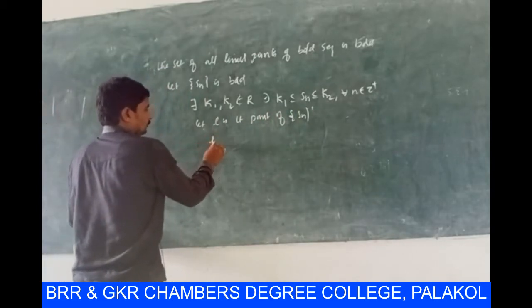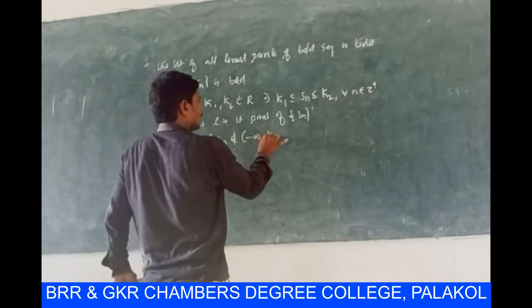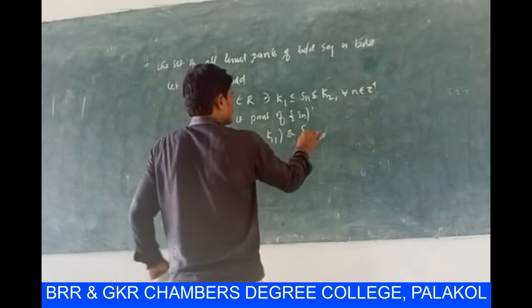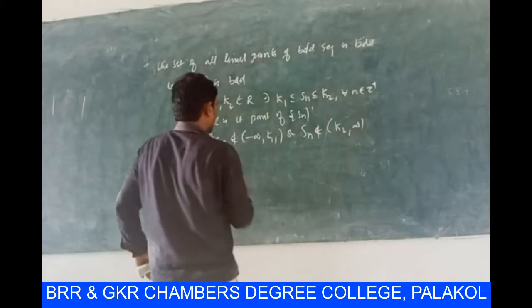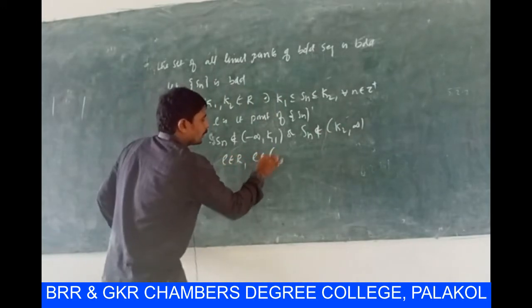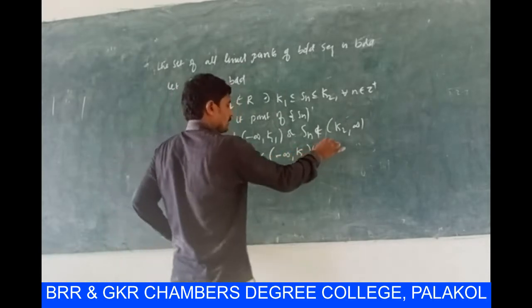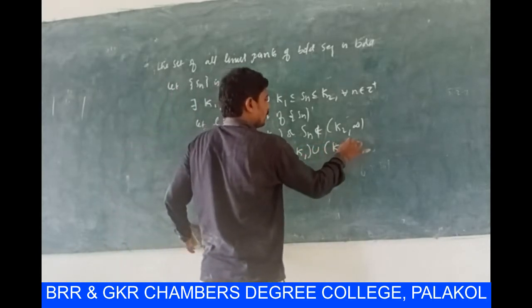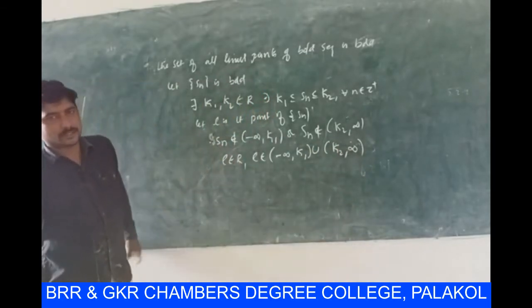Then Sn does not belong to minus infinity comma k1, or Sn does not belong to k2 comma infinity, and L belongs to R, and L belonging to minus infinity comma k1 union k2 comma infinity is not a limit point of the sequence Sn.